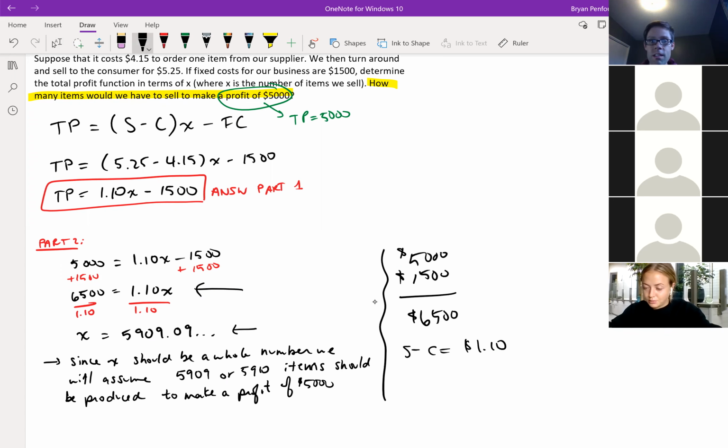So I need to sell 5,909 items at $1.10 to be able to get 6,500, because 1,500 of that is my fixed costs, and then I want $5,000 profit. I don't know if that's helpful or unhelpful.